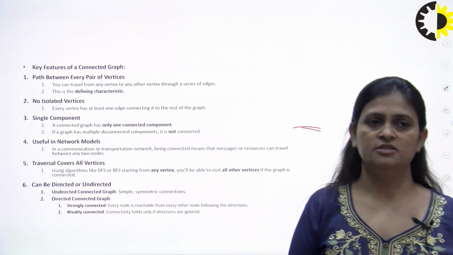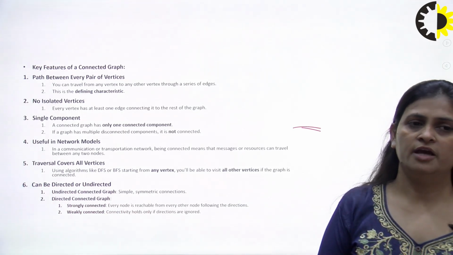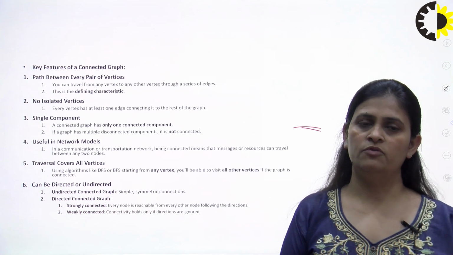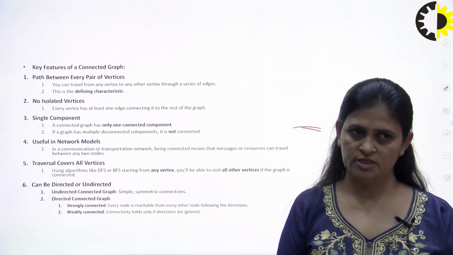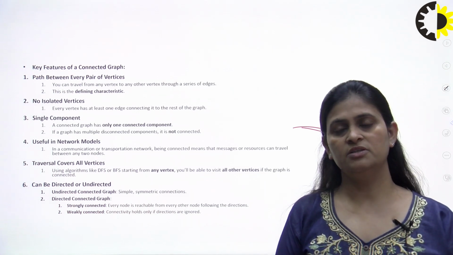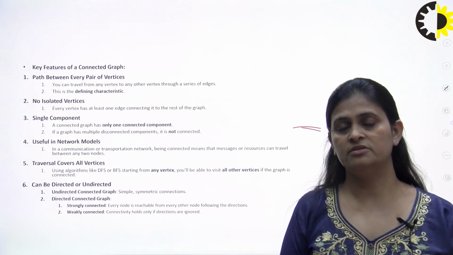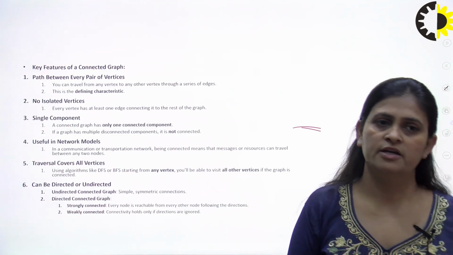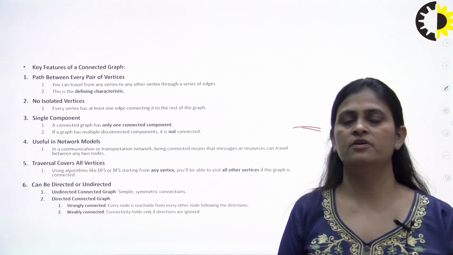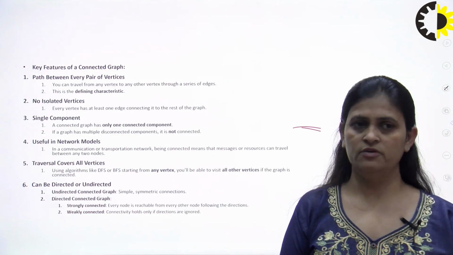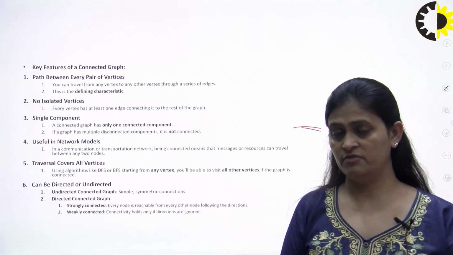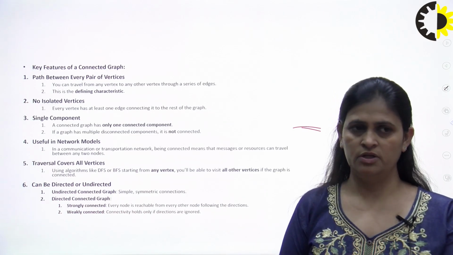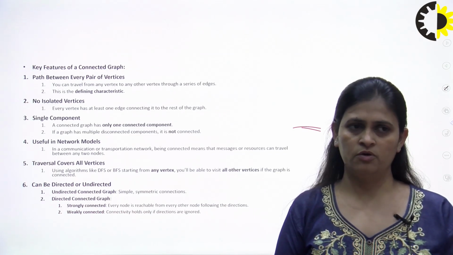Strongly connected means every node is reachable from every other node following the directions; it is compulsory to follow the directions. In a weakly connected graph, connectivity holds if the directions are ignored.